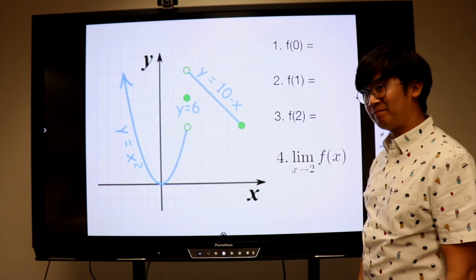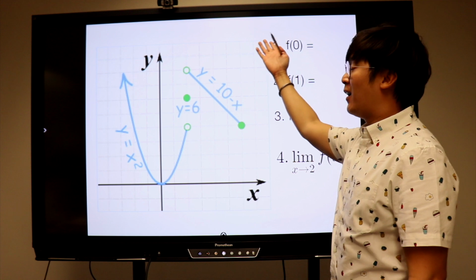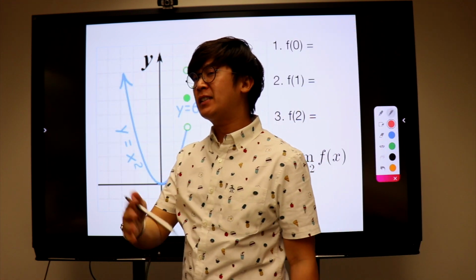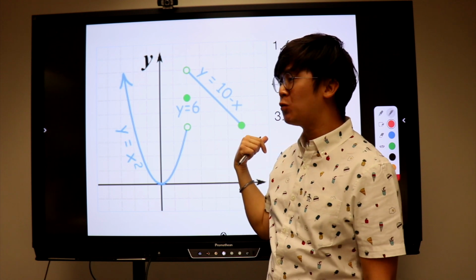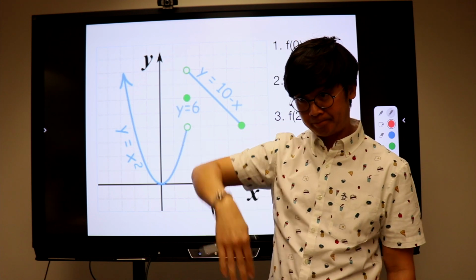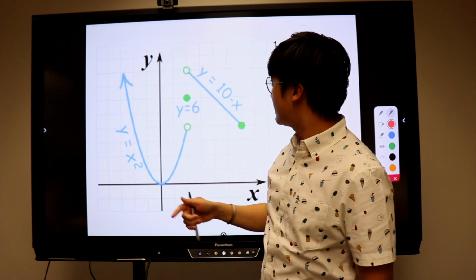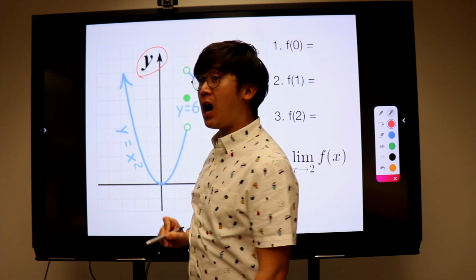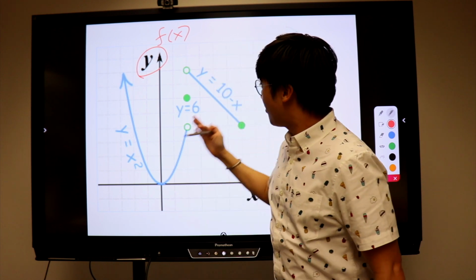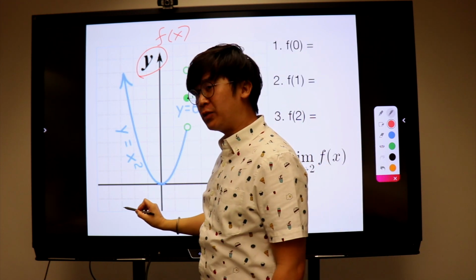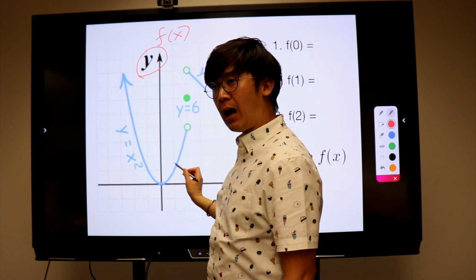Now, the f of x looks a little bit more complex than the previous one, because the previous one is probably just a cubic function. But this one is an equation, also known as an f of x. And do you know what type of function this is?